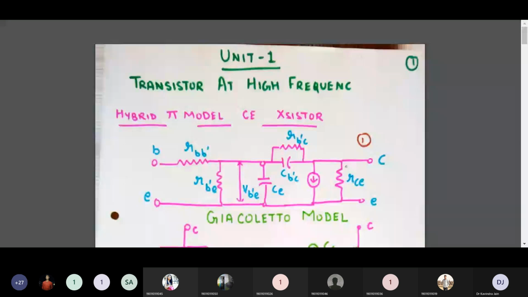My dear students, in basic electronics, we have studied how BJT operates at small signals or at low frequency levels. There were three basic configurations like CE, CB, and CC configurations. Transistors were operating very well at lower frequency levels.